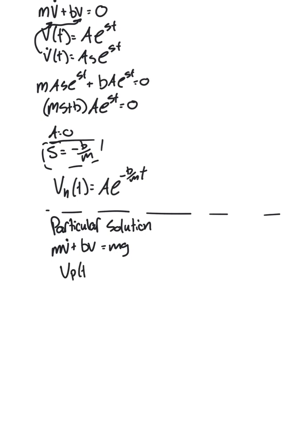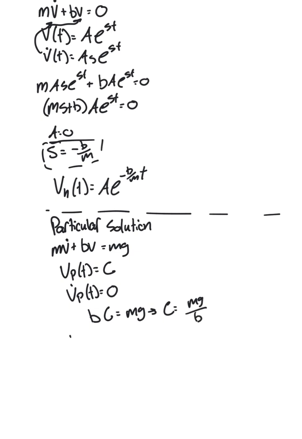So the particular solution is going to be some constant, I'll call it c, and the derivative of that particular solution, given that it's a constant, is now 0. So m times 0 is going to be 0. We're left with b times our constant is equal to m g. We can now directly solve for c, and we get that c is equal to m g over b.